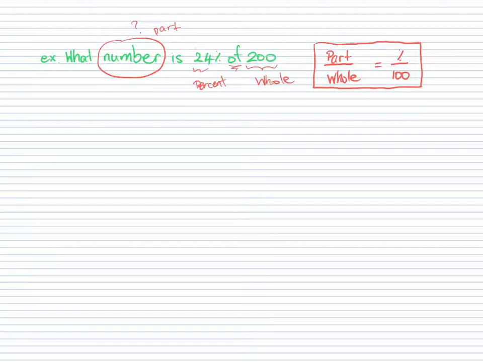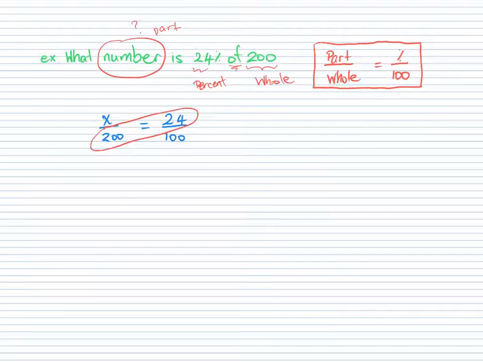Let's fill this into our proportion. We don't know the part. So part over whole, the whole, as we discussed, is 200, is equal to 24 over, and for percent, the whole is always 100. Now we can cross multiply. Now you are pros at cross multiplication.